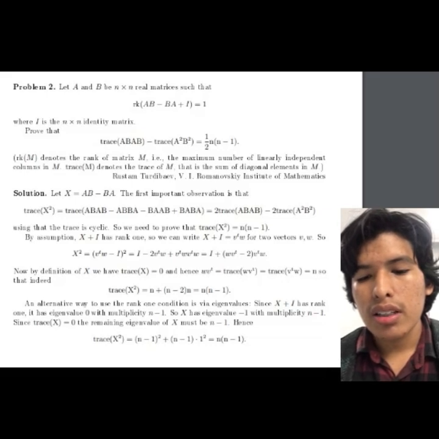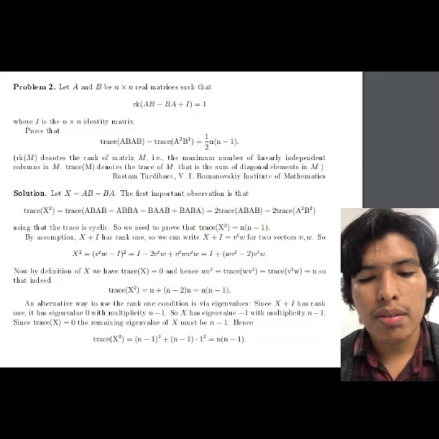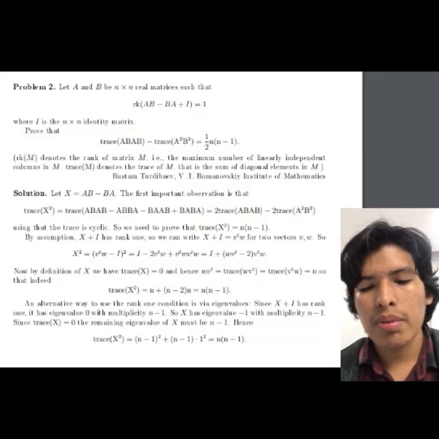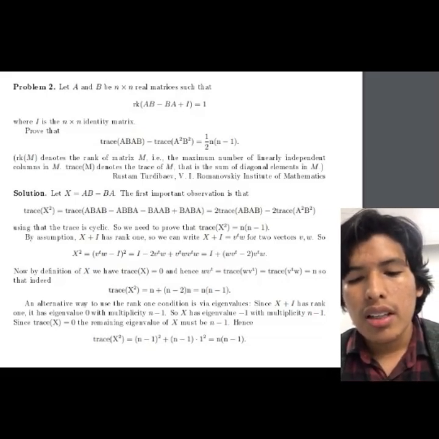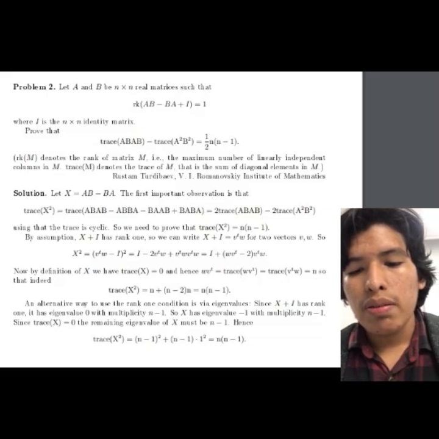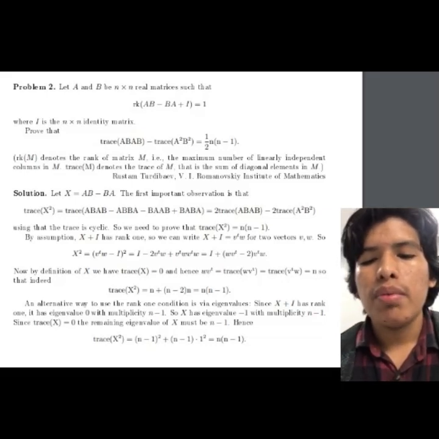So X has eigenvalue -1 with multiplicity n - 1, and since trace is zero, the remaining eigenvalue of X must be n - 1, hence.